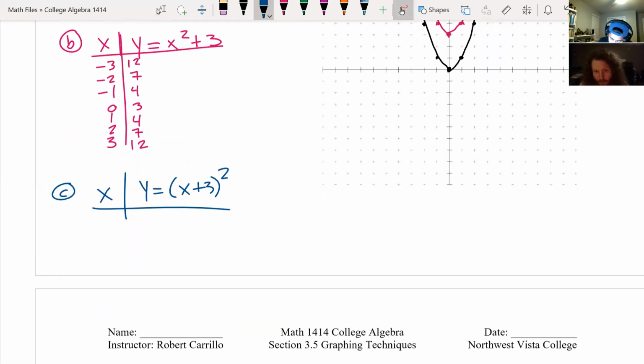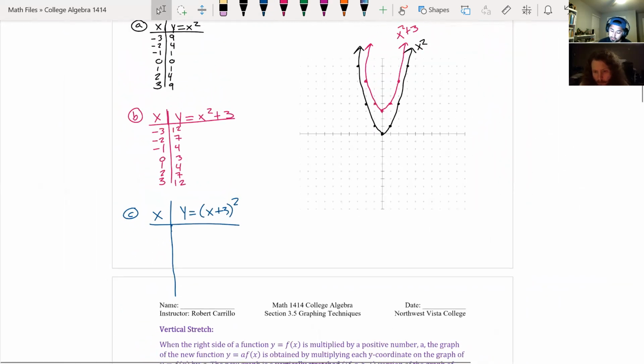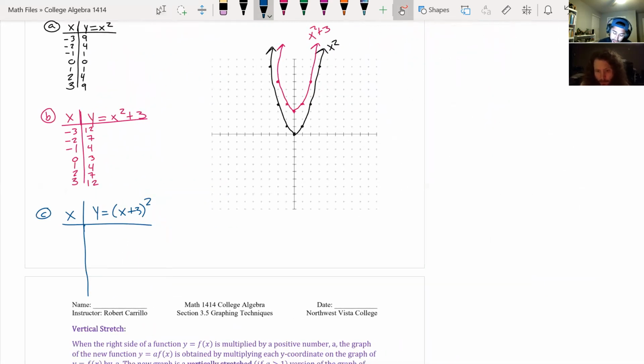And once again, since it's a horizontal shift, this is going to affect all your x values. So what we can do is take the original parent function's values, and since it's a shift left 3 units, you are going to subtract what number from all the parent function's coordinates? 3.